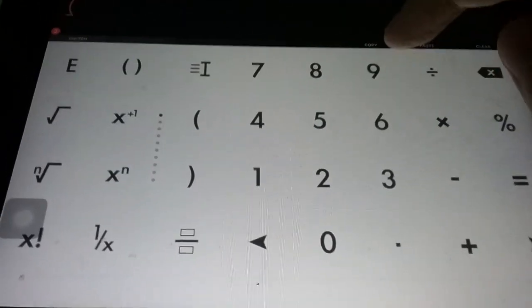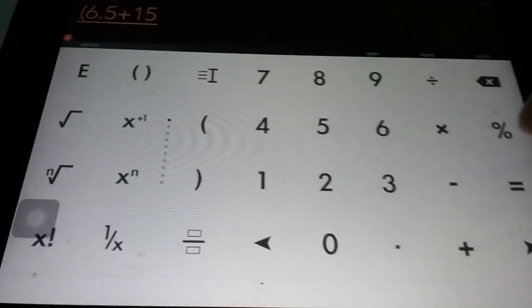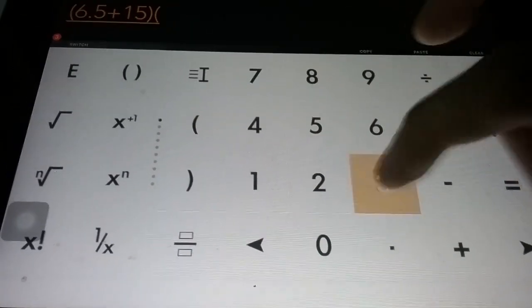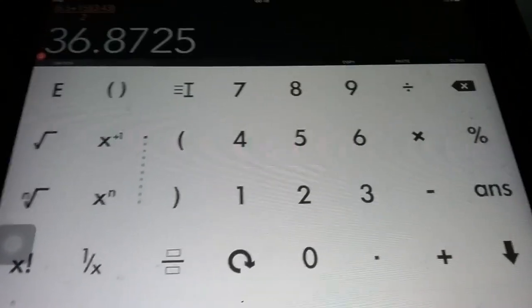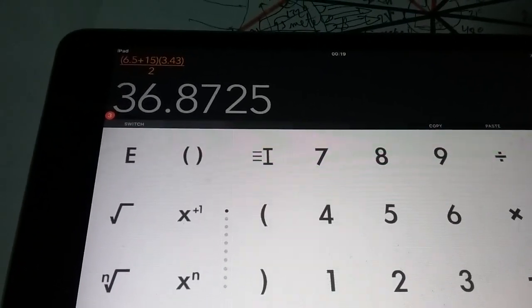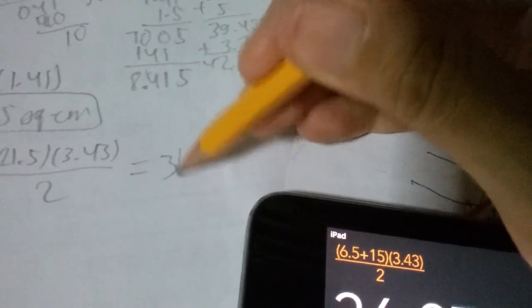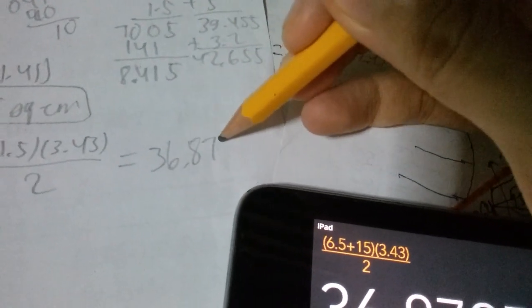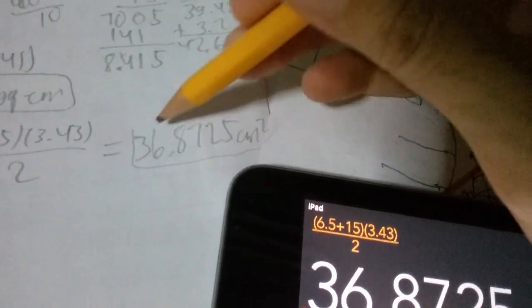So we have 6.5 plus 15 times 3.43. Then divide by 2. So tama, we should get 36.8725. Okay. That's for the second.